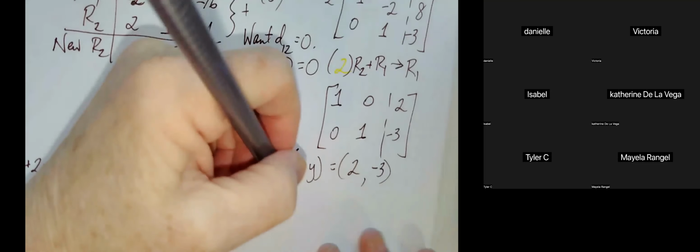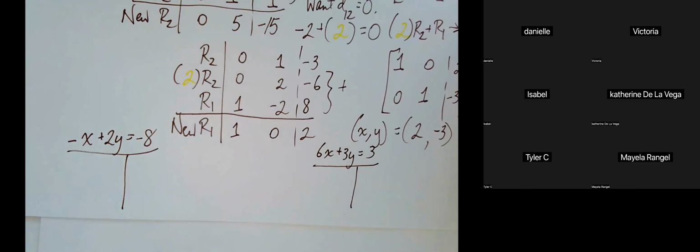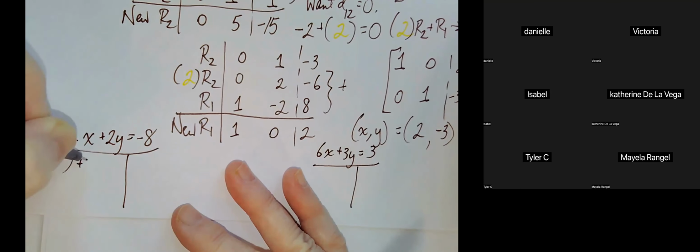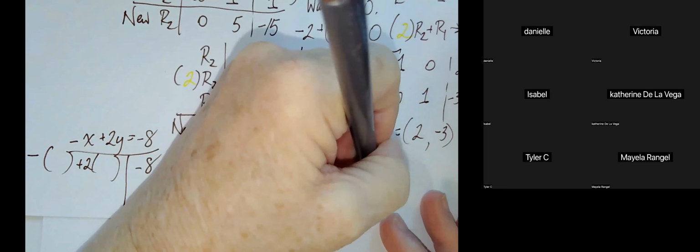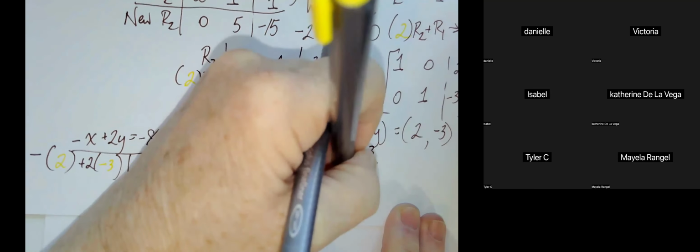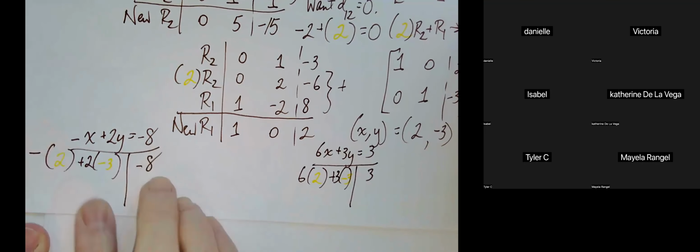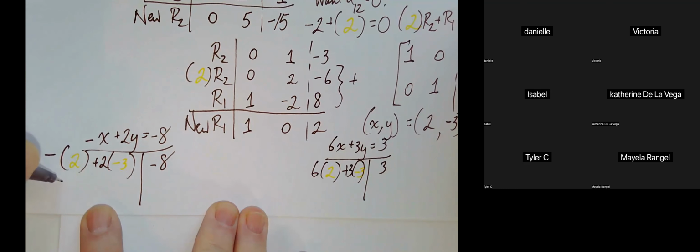6x plus 3y equals, plus -8, 6, 3, 3. All right. 2, -3, 2, negative. And times 2 is -2. 2.